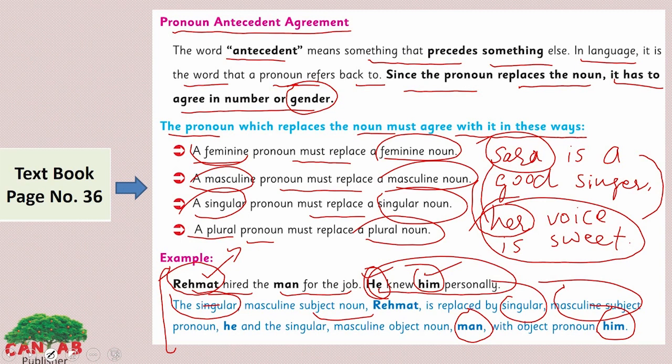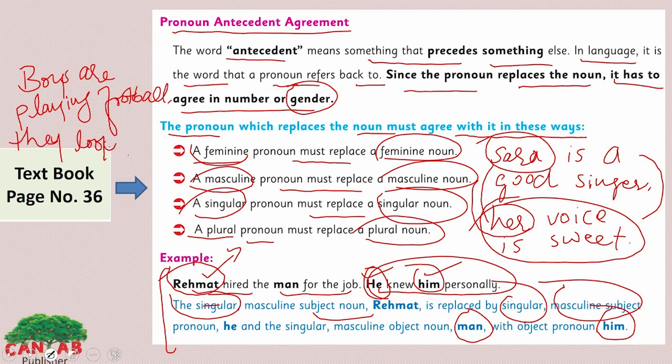Now look at the plural pronoun here. For example, boys are playing football. They look tired.